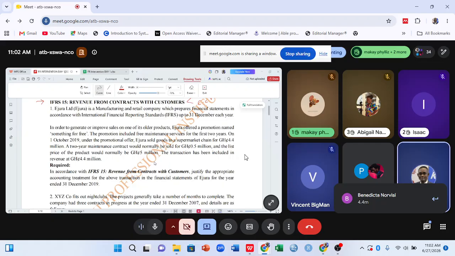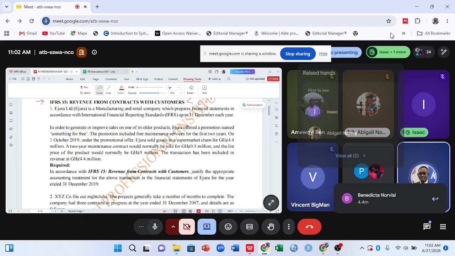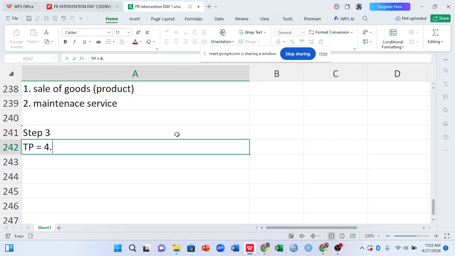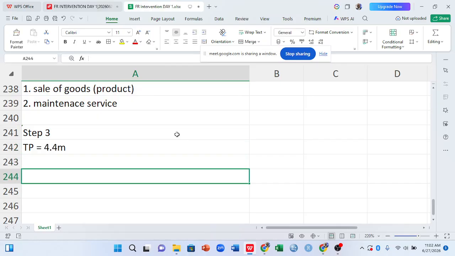Felix, your hand was up first. Go ahead. The transaction price is 4.4 million. Exactly. We're told here that Jura sold goods to the supermarket for 4.4 million. So we bring that there, 4.4 million. That was the transaction price.